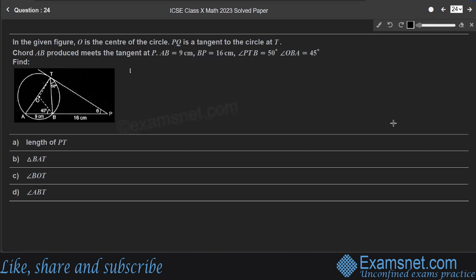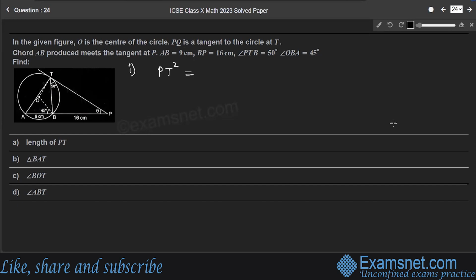So the first step is to find the length of PT. Here students, we are using the tangent square theorem to find the length of PT. The tangent square theorem says the square of the length of a tangent segment, here PT square, is equal to the product of the lengths of one secant segment and its external segment.